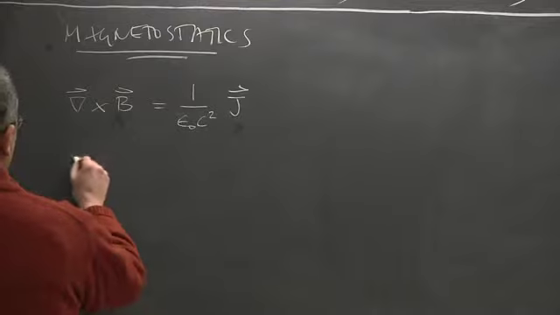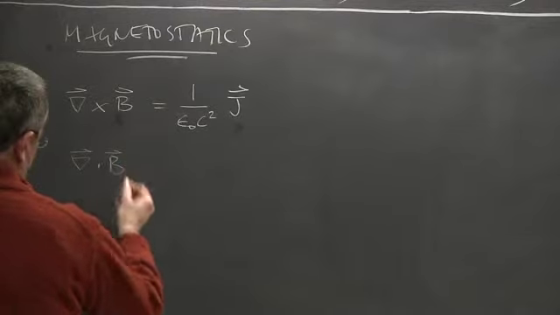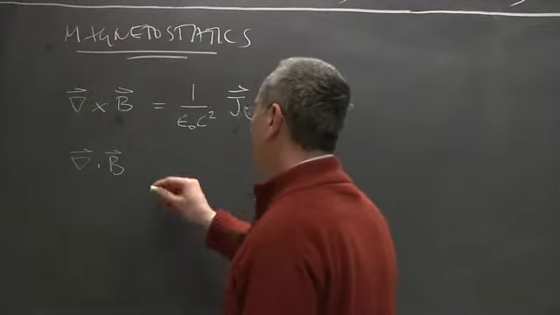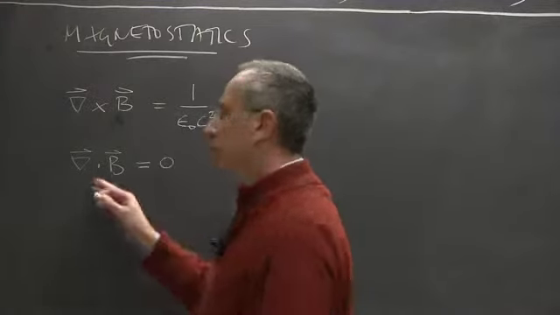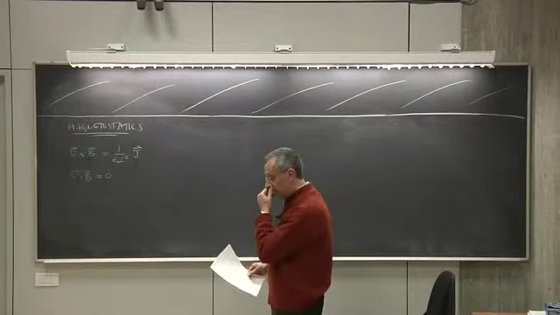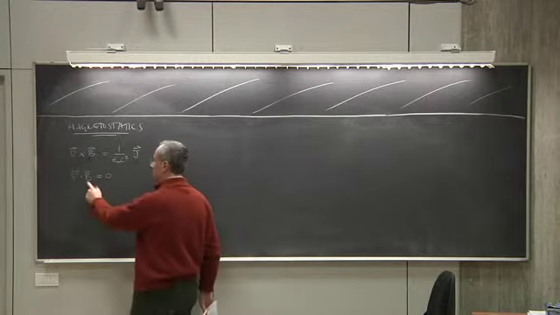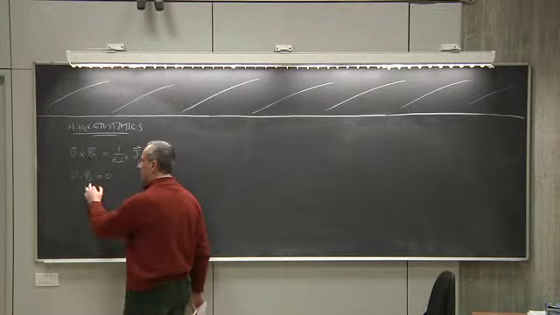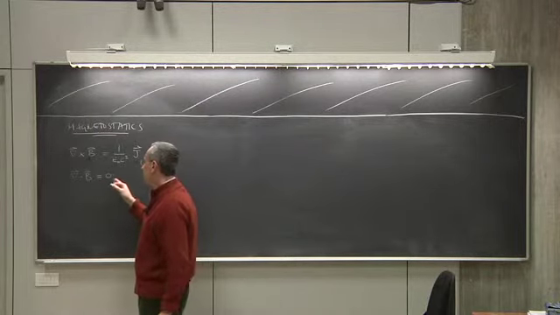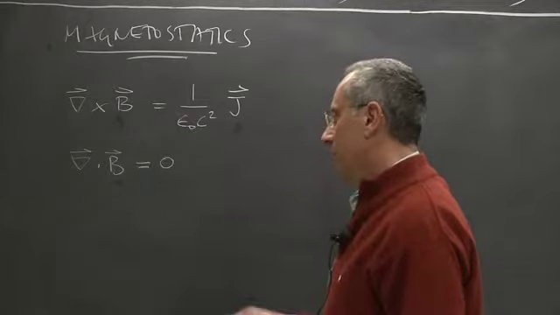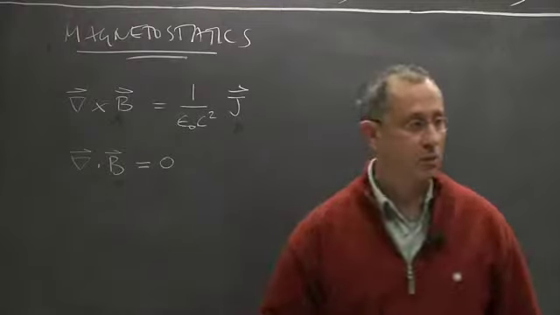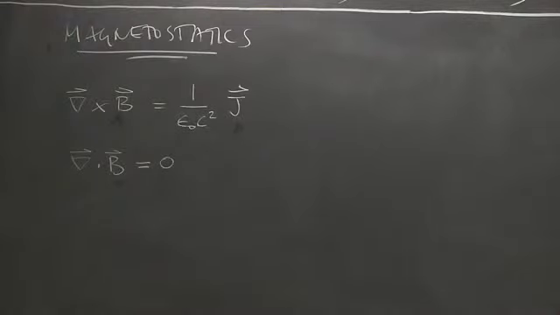And it's always true, also if you have varying fields, that there are no magnetic monopoles. Therefore if you do a surface integral, you find that there is no net flux of B field out of the closed surface. This is the main difference with respect to electrostatics, where the divergence of E is proportional to how much charge you have inside your volume.